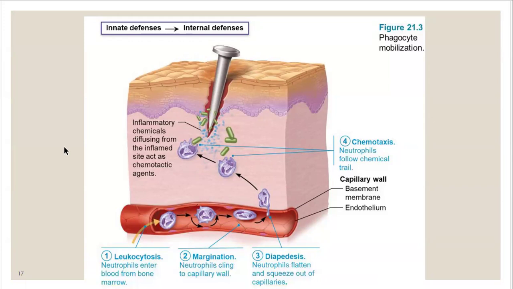So the neutrophils you see are the ones in purple, enter the blood from the bone marrow. They migrate into the capillary walls, the diapedesis. They flatten out and squeeze through the capillaries, and then they make their way to the area of injury, and they follow that chemical trail to where the injury is in the tissue.